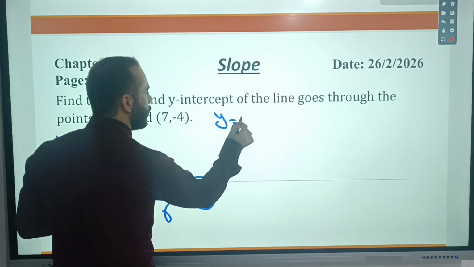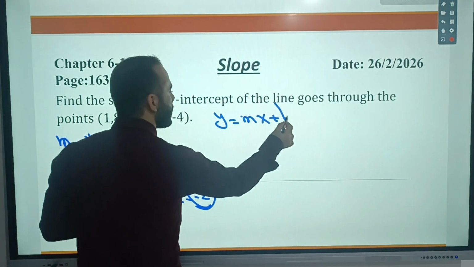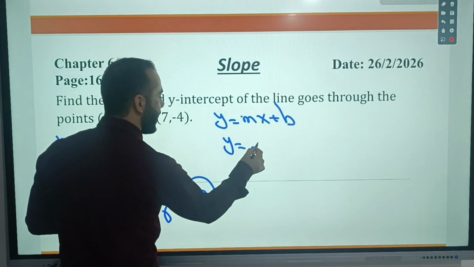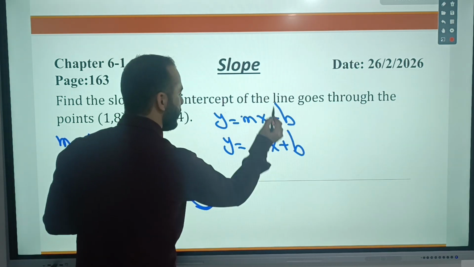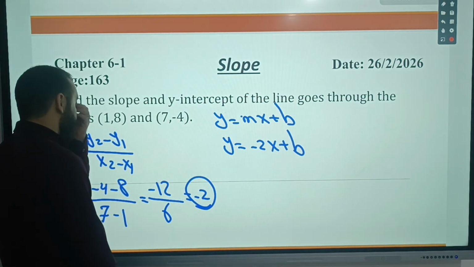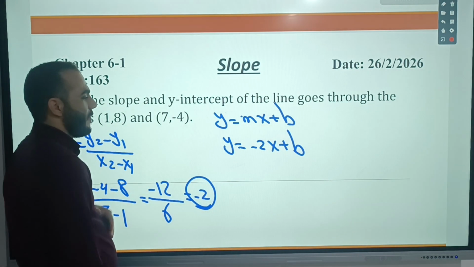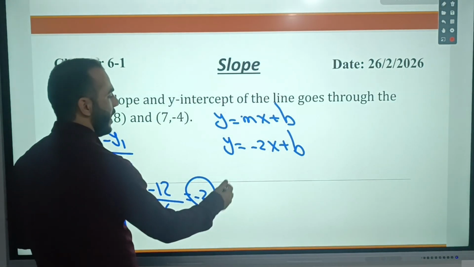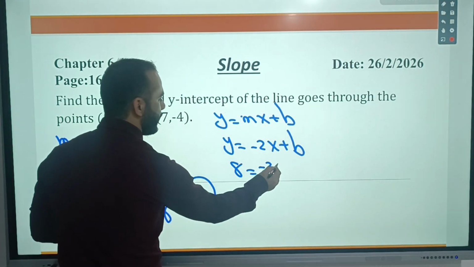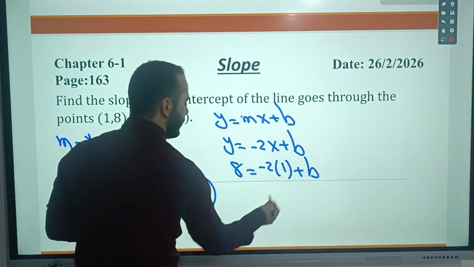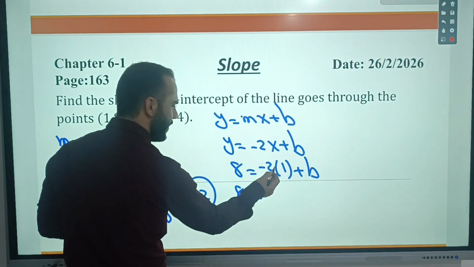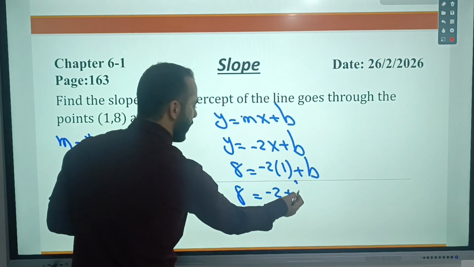So y equals mx plus b, y equals -2x plus b. Take one of these 2 points, and stay away from negatives, so choose (1, 8). So 8 equals -2 times 1 plus b. 8 equals -2 plus b.